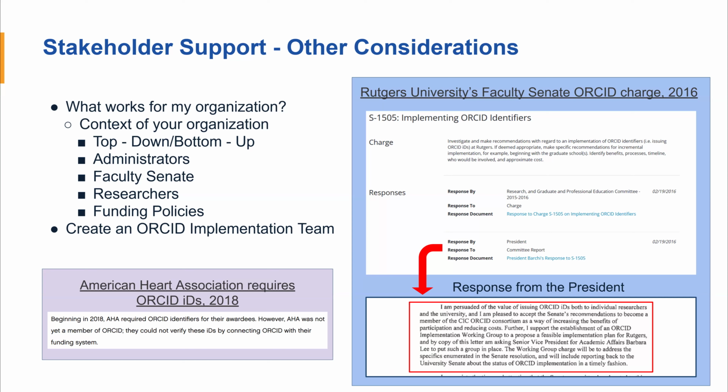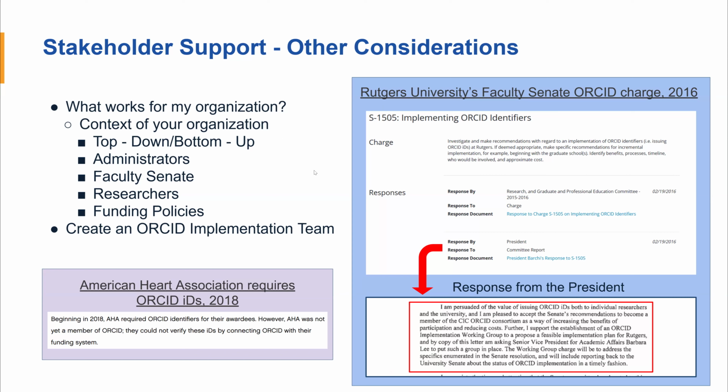So here, American Heart Association in 2018 started to require ORCID IDs in their processes. However, at that time, they were not a member of ORCID yet. So now they've been a member for quite a while, and they have incorporated the use of ORCID IDs in the grant life cycle.